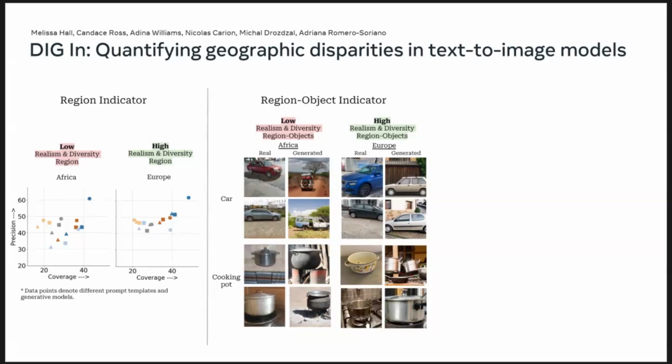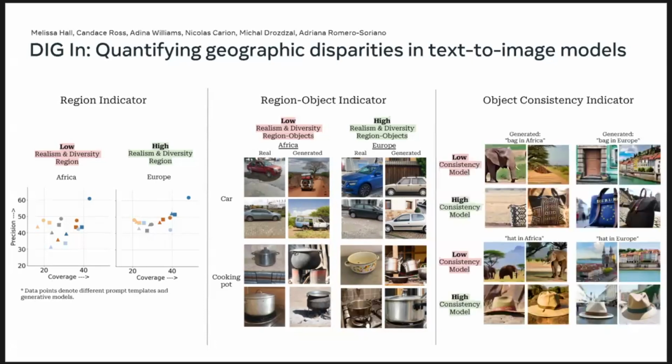And this is not what we find in the real data set of images that were gathered by people located in African countries. Similar observations can be made for cooking pots. And when we prompt the model for object in Europe, so car in Europe, we see that the generations that we get resemble a lot more what we find in the data set of real images, in this case with sedan-like cars in urban environments.